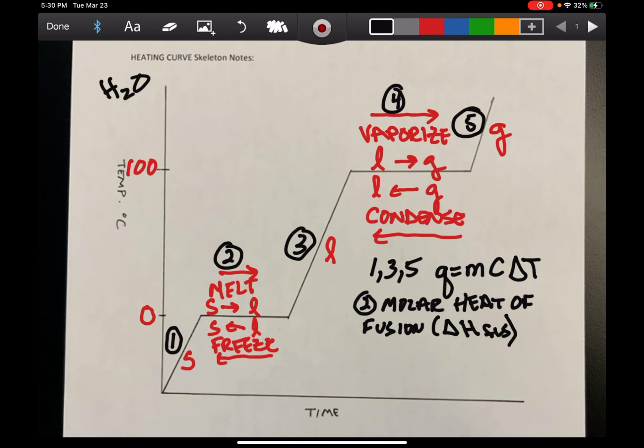So for water, you need to write this down: the molar heat of fusion is 334 joules for every gram of water that you have.